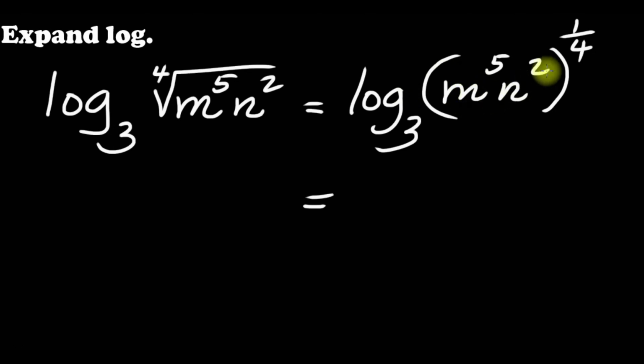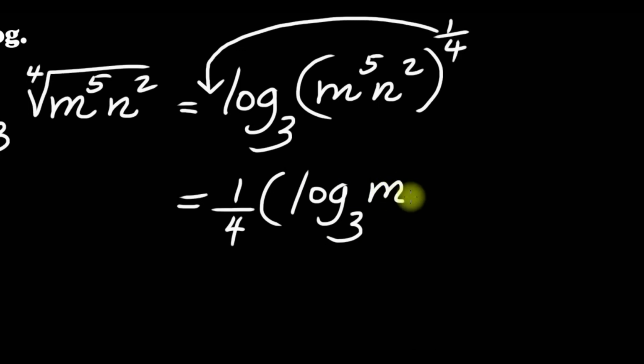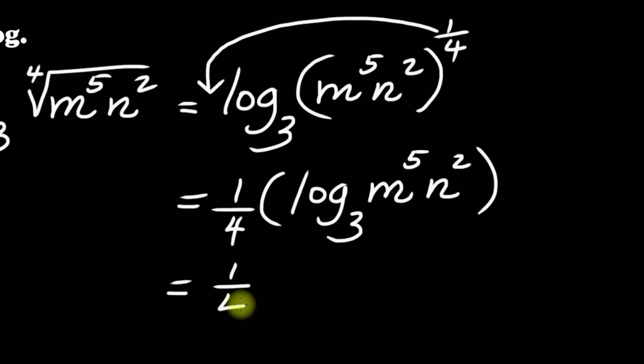And then to expand this, first thing I have to do is bring down the exponent to the coefficient using the power property. Okay, so here I have 1/4 times log base 3 of m to the 5th power n square, and then 1/4.